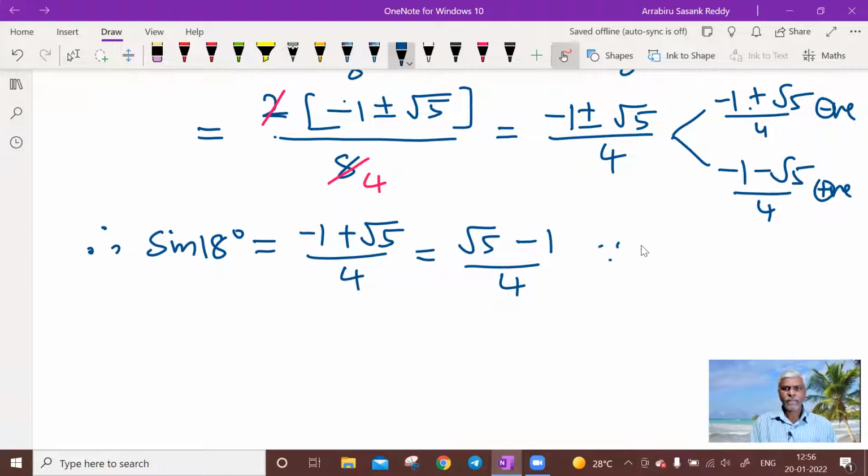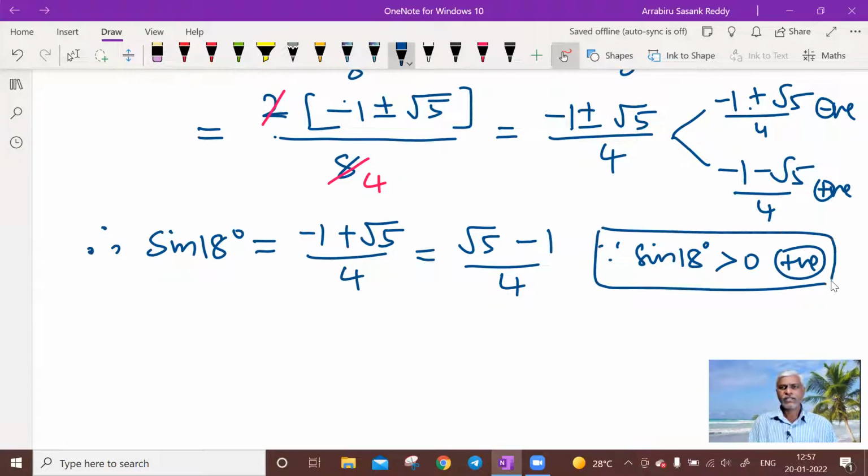Since sine 18 degrees is in the first quadrant, it is positive. In the first quadrant, sine is positive. So we are taking only the positive value and don't take the negative value.